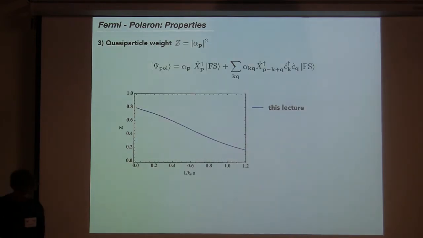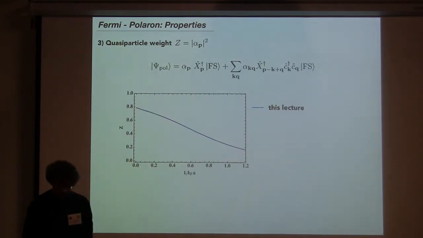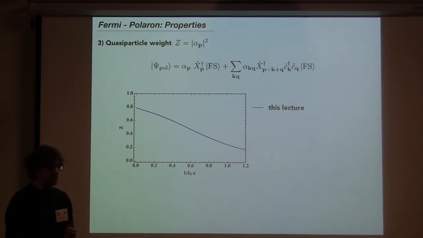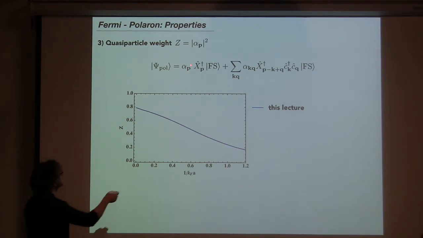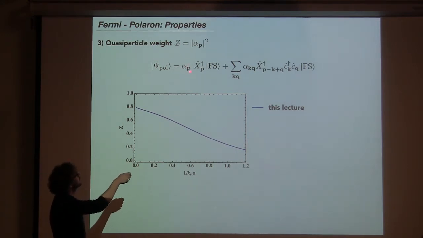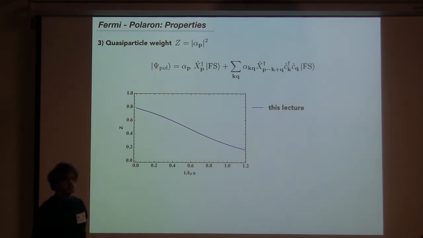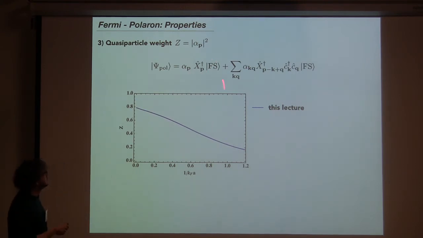Alright, we mentioned 3 quantities last lecture. This was the energy, the effective mass, and the quasi-particle weight. The quasi-particle weight of the impurity tells us how similar is actually our polaron to its non-interacting state. How much is actually left of its true particle nature, or this bare particle nature.